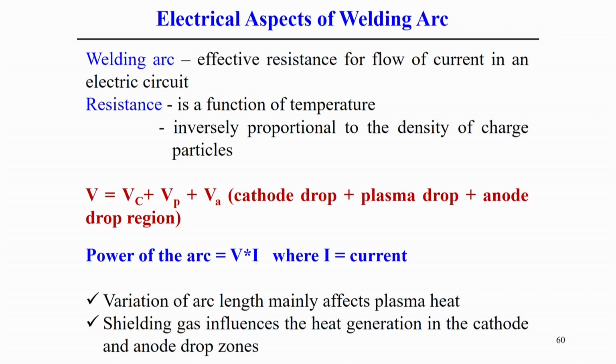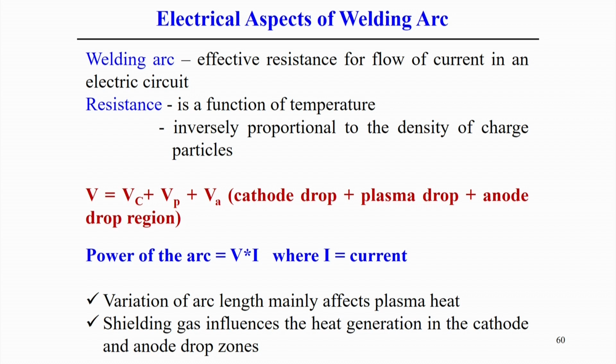Of course, the nature of the shielding gas also influences the heat generation, because the shielding gas mainly impacts the cathode and the anode drop zone, and how it interacts with the charged particles and electrons. That makes a very complicated phenomenon, which is represented in a simple way by an electrical arc.